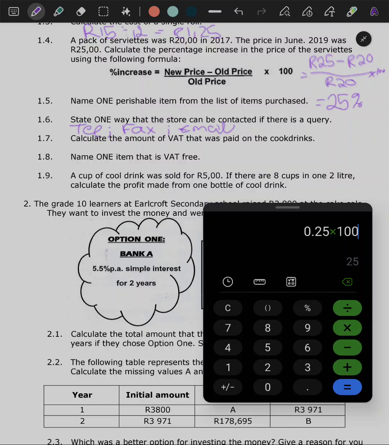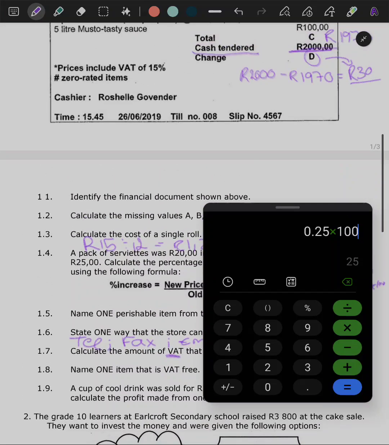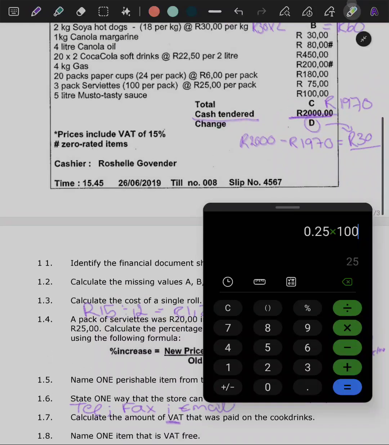Okay, then they said they wanted to calculate the amount of VAT that was paid on the cool drinks. So VAT is going to be at 15%. It does normally tell you somewhere on the till slip the VAT amount. You are not going to get VAT amounts of 14% in a test or an exam unless it is highlighted somewhere that this is a really old till slip.